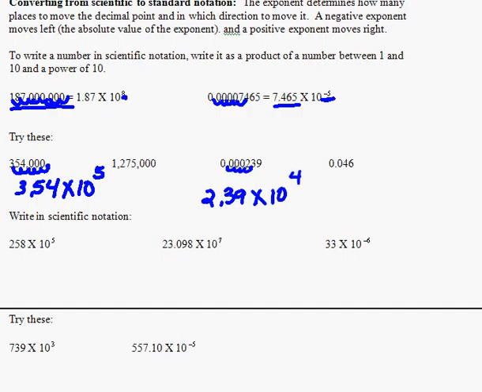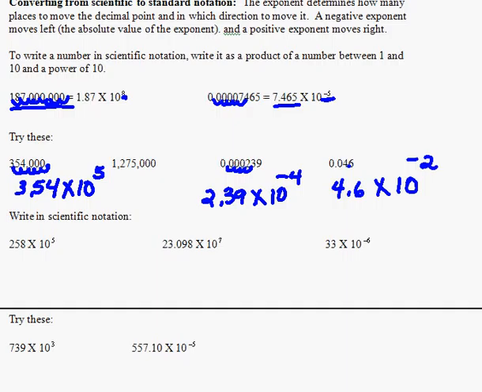My number started out a number less than 1, so my exponent is negative. Okay, 0.046. Put my decimal point behind my first non-zero number, so I'm going to have 4.6 times 10, and the number of places that I moved that was 2, so my power is 2. My number started out a number smaller than 1, so my exponent is negative.